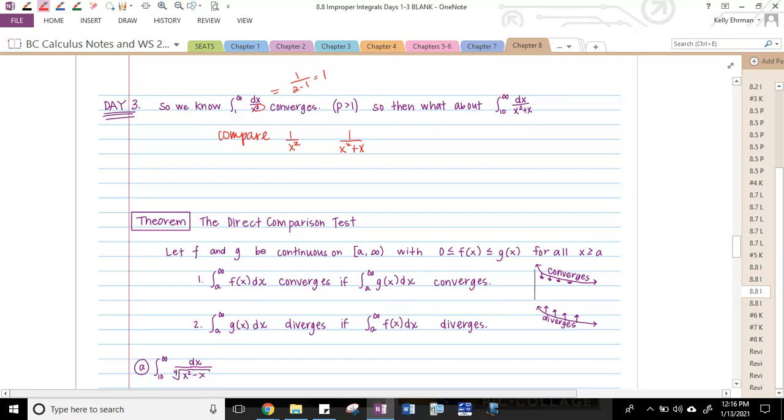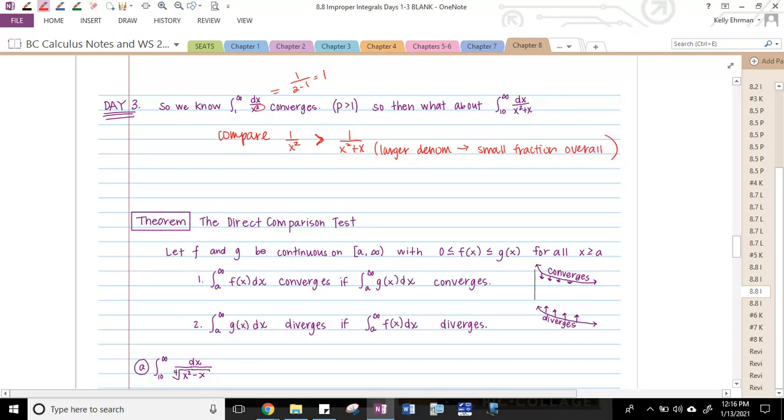So for any number, we'll say 10 to infinity, 1 over x squared will be bigger than 1 over x squared plus x. And again, that's because this larger denominator, having this plus x in there, which makes it larger than x squared, this larger denominator means smaller fraction overall.